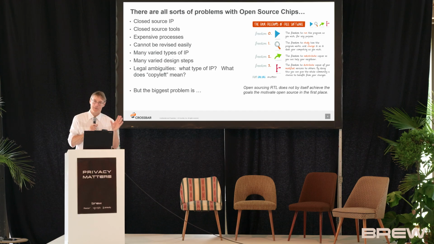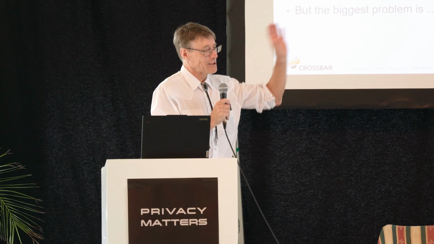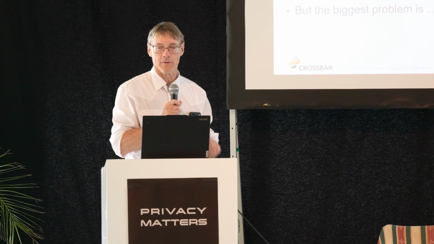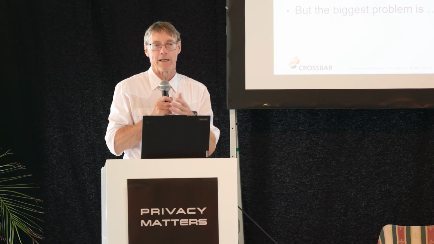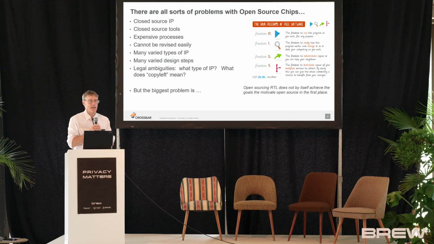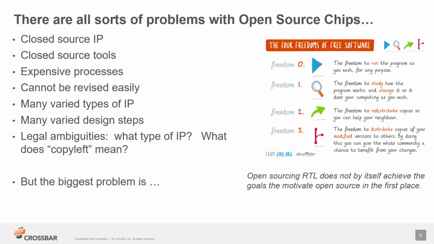In many cases, it doesn't. You certainly can't build it from the source materials. You can't change it easily, and so on. So it's worth thinking about the freedoms that are supposed to be enabled by open source and considering, does open source hardware actually achieve them?